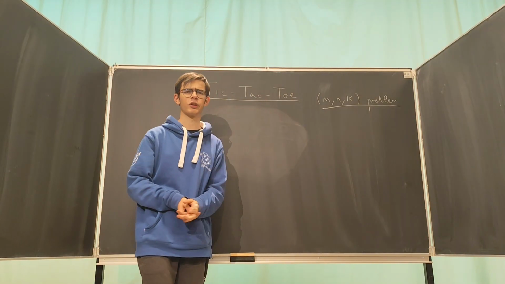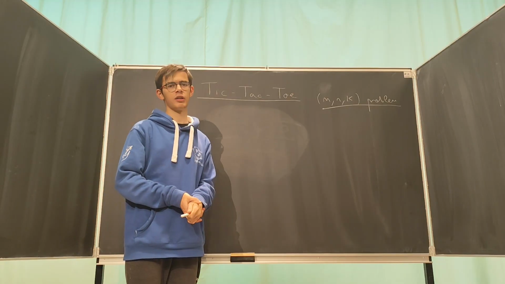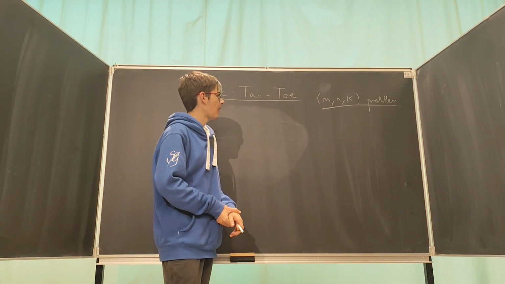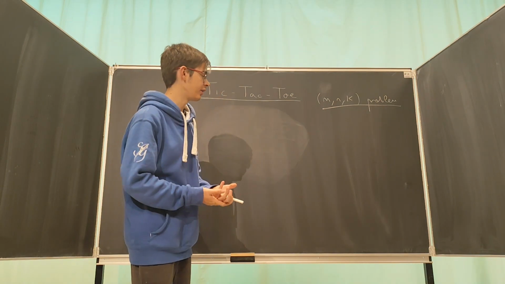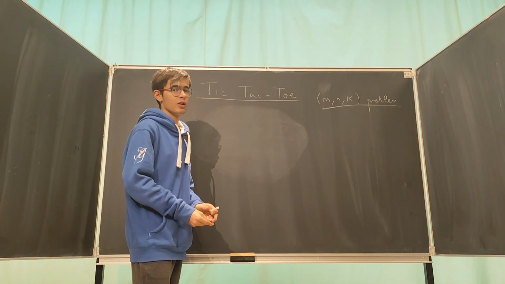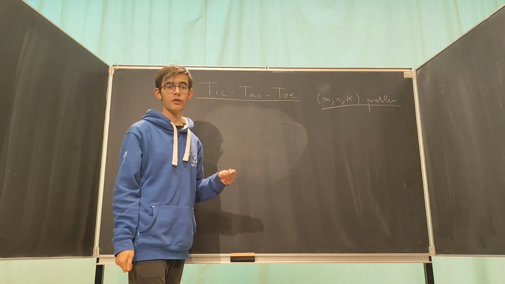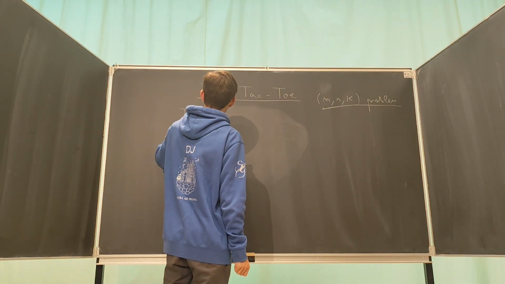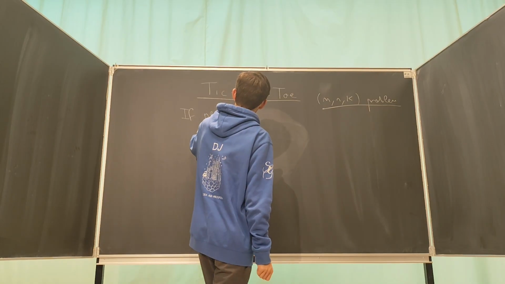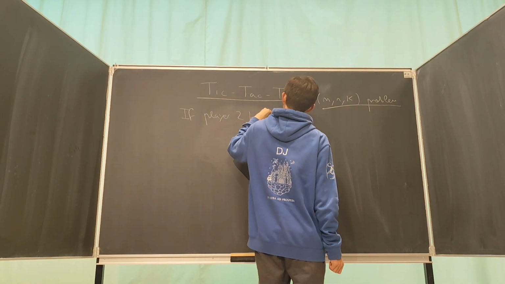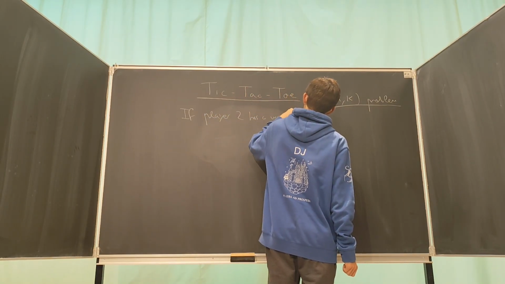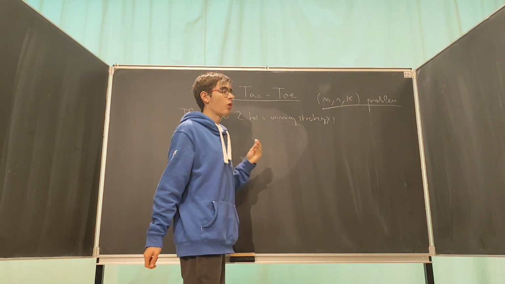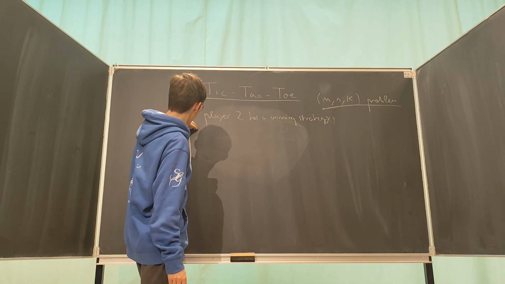So to do this, we'll use a classic argument in combinatorial game theory, which is called strategy stealing. So basically, suppose that player 2 has a winning strategy. So if player 2 has a winning strategy, well then basically player 1 can copy his strategy.